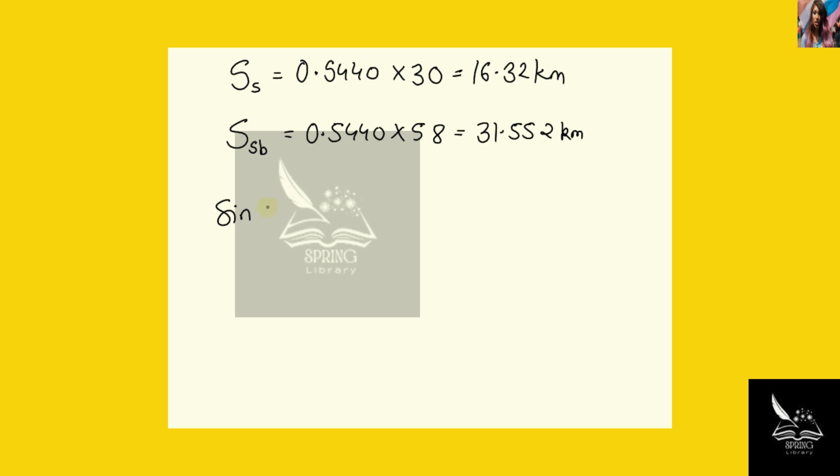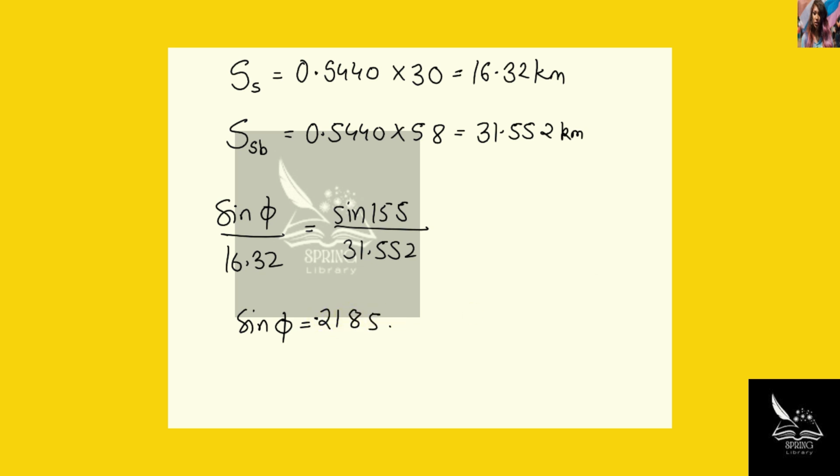So we need to find sine phi. It will be sine phi divided by 16.32, equal to sine of 155 divided by 31.552. If we calculate this, we get sine phi equal to 0.2185.